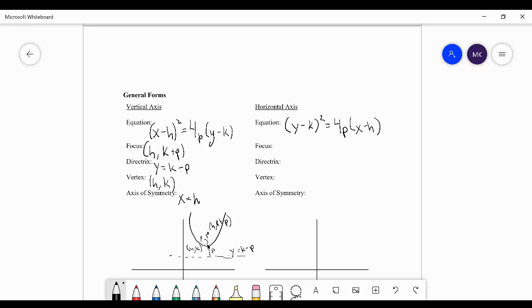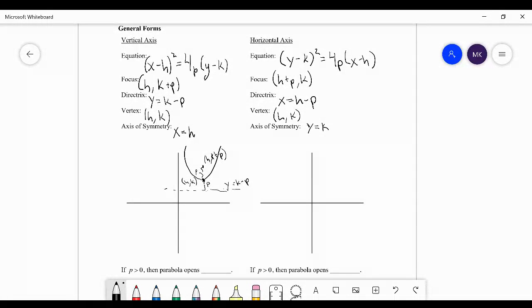We're keeping the x, the h, and the k with the x and y respectively, mostly just to not make things complicated. Our focus, instead of being the point p comma 0, is now h plus p comma k. Our directrix, instead of y equals k minus p, is now x equals h minus p. Our vertex is still h, k. Our axis of symmetry is now the line y equals k instead of y equals 0.